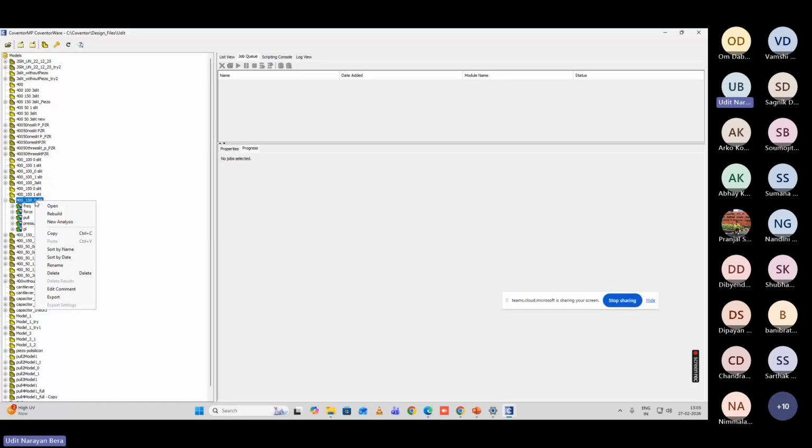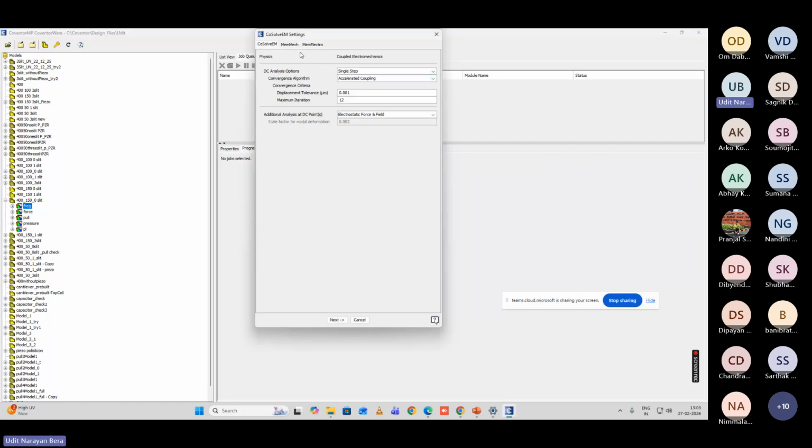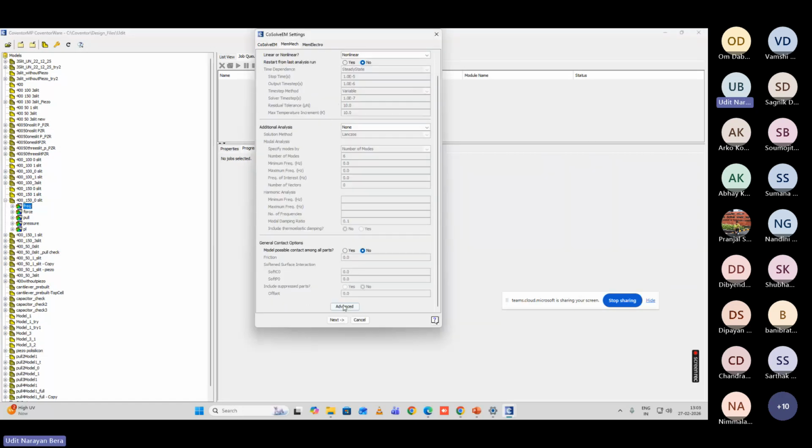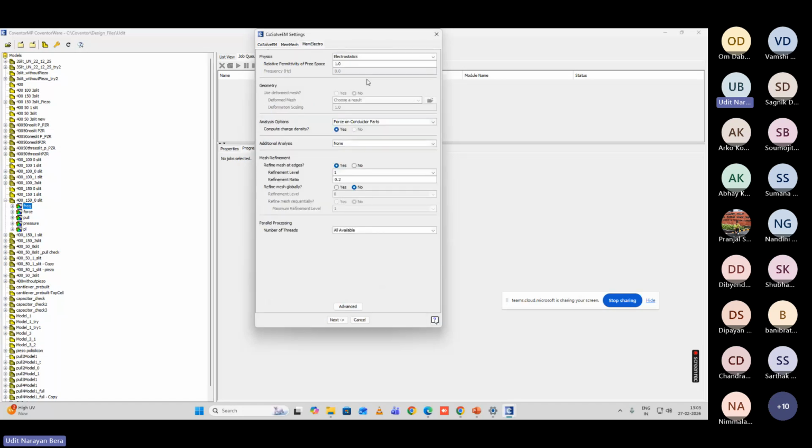So how to do that? Let's take this new co-solver. The MEM-MECH, I have already done it here. I've shown you the MEM electro. It is already selected. Let's take it to 1.